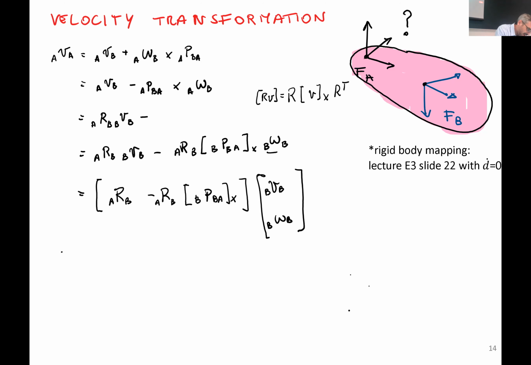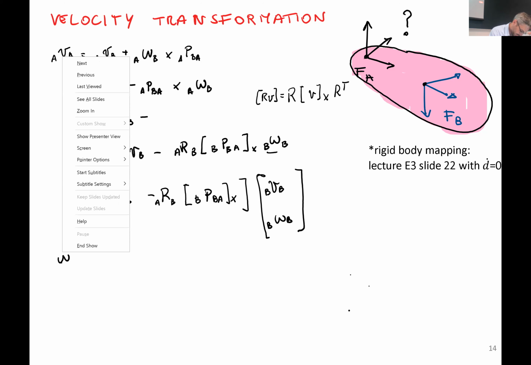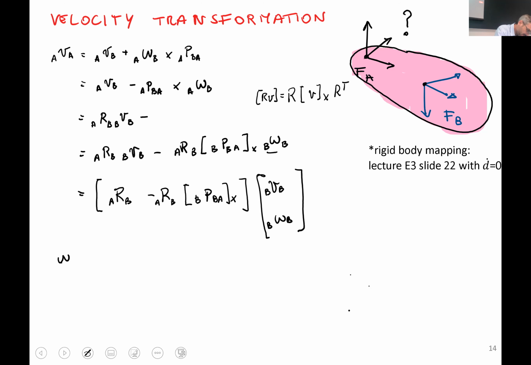While this is for the linear velocity, for the angular velocity we say that the omega is the same, and the omega expressed in B frame is just related to the omega expressed in A frame by the rotation matrix RB.